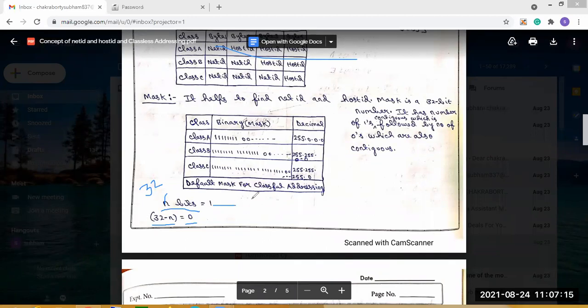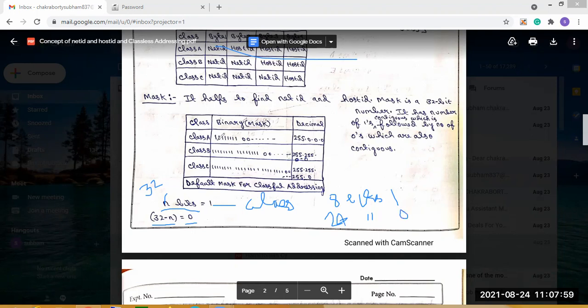So if we consider class A, the first byte is the net ID, that means the first 8 bits are the net ID. So instead of n, we write 8 bits of 1, and 32 minus n, that means 24 bits of 0.